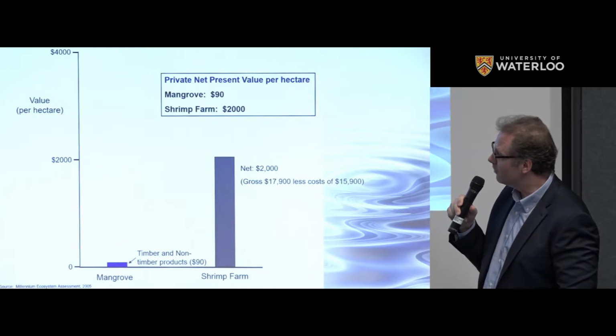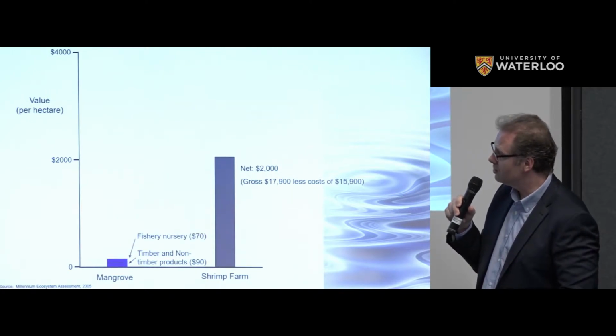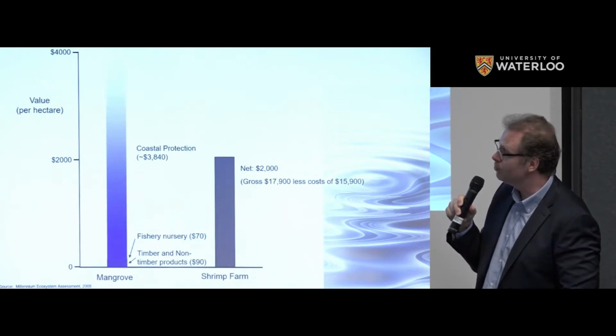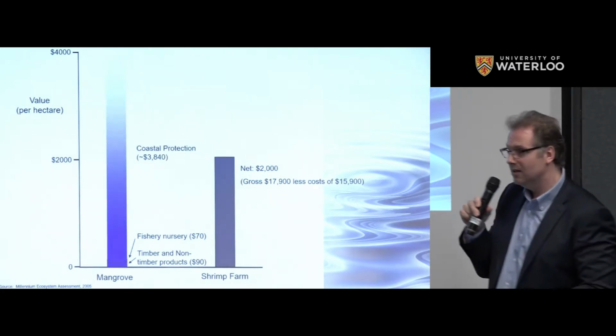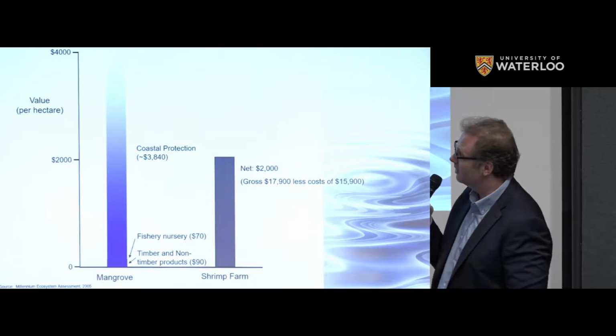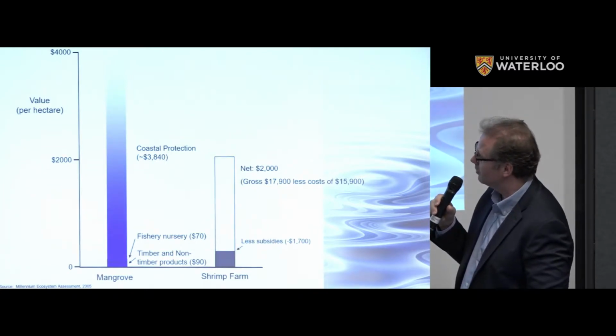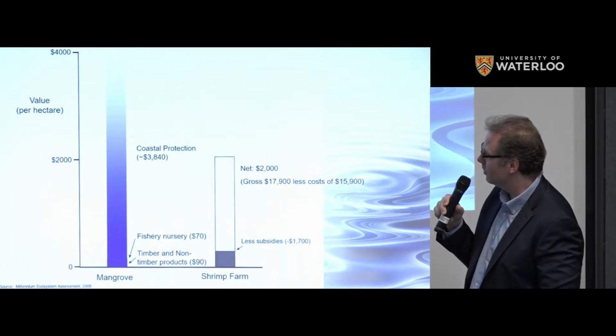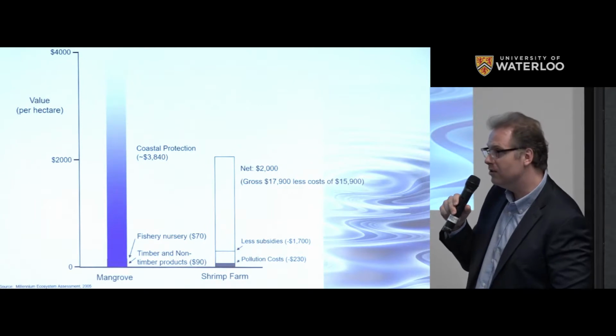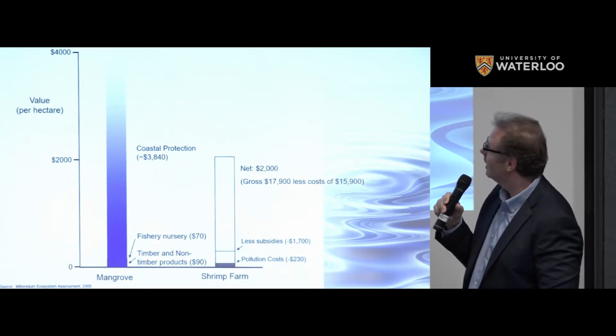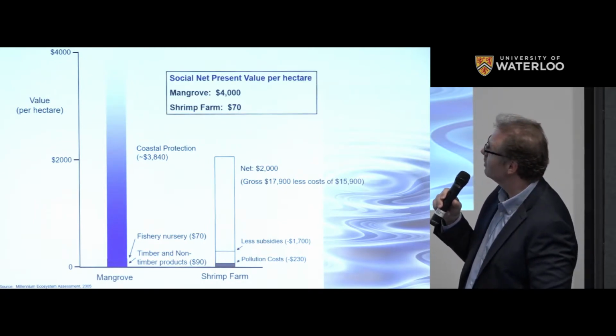If we then start factoring in broader ecosystem services like the fishery nursery and, most importantly, the coastal protection that is provided by these mangroves in these coastal areas, the subsidies that shrimp farmers are given are subtracted from their profits, and we even account for the pollution costs, then the picture looks very, very different.